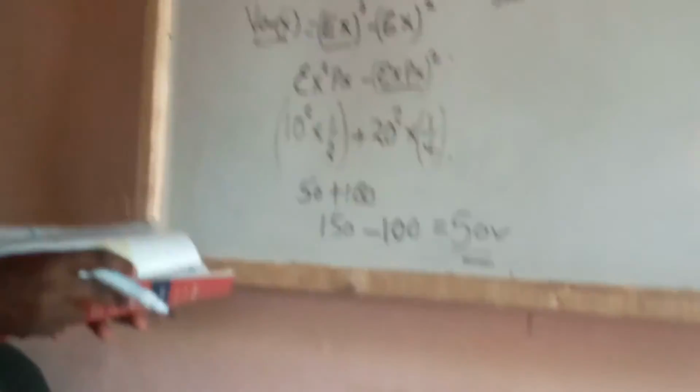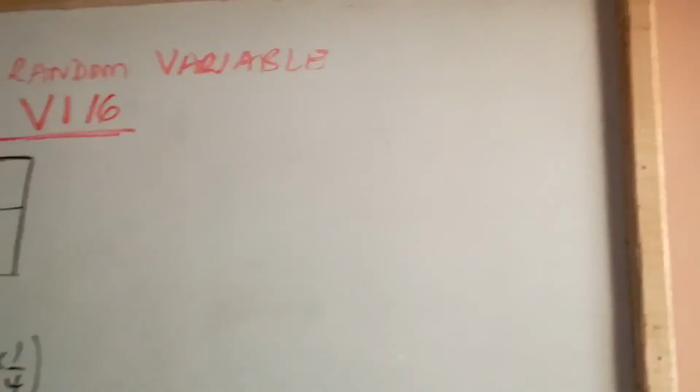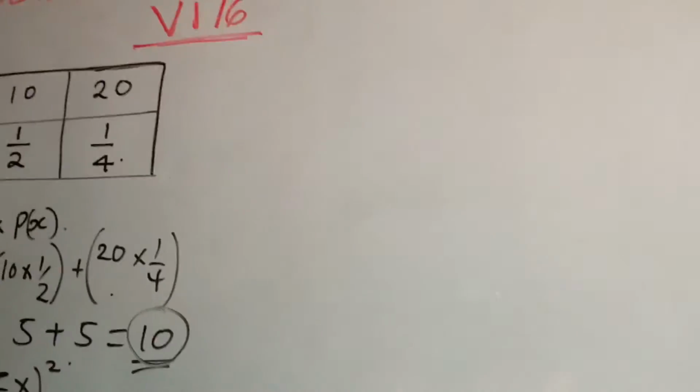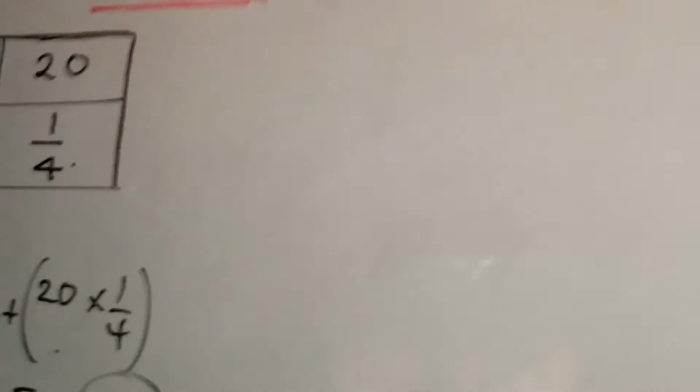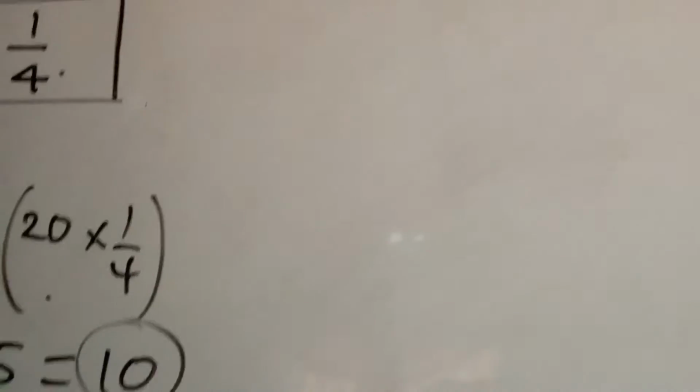Well, part C, we have some more instructions. We are told that the random variables S and T are defined as follows.